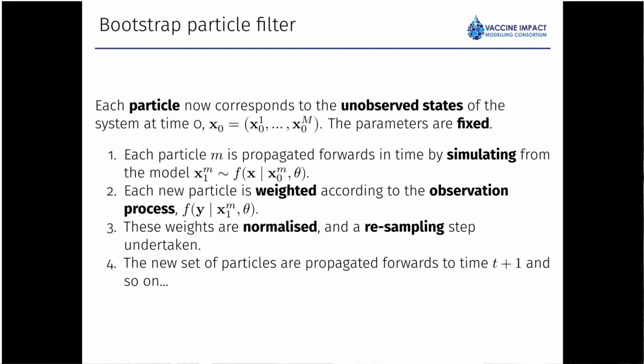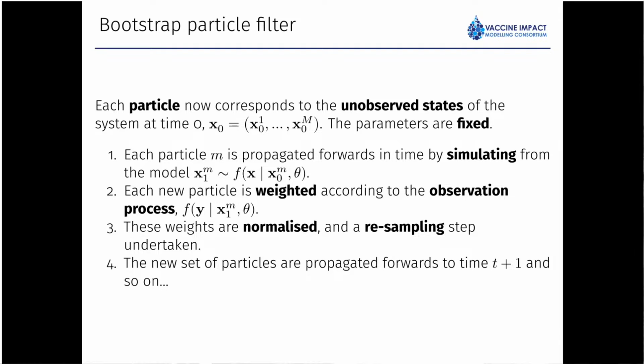And x naught here corresponds to the initial conditions for that simulation, right? So I could start them all with a single infective at the beginning, or I could do whatever I like. So I start off with 100 sets of initial conditions, and each one of these sets is what we call a particle, okay? So when I talk about particles, just think about that as a realization, okay?